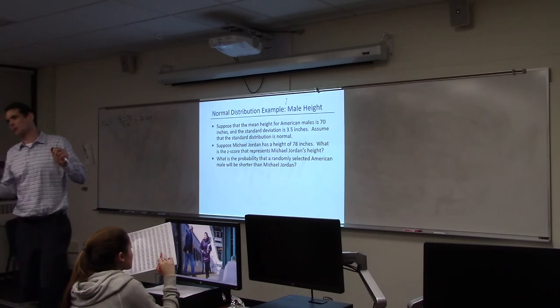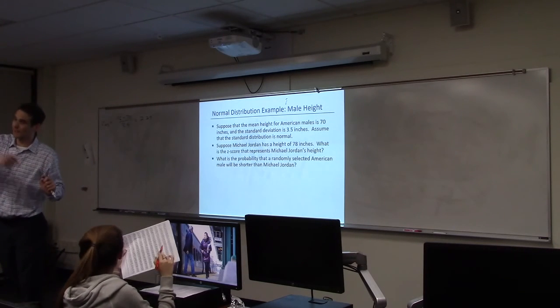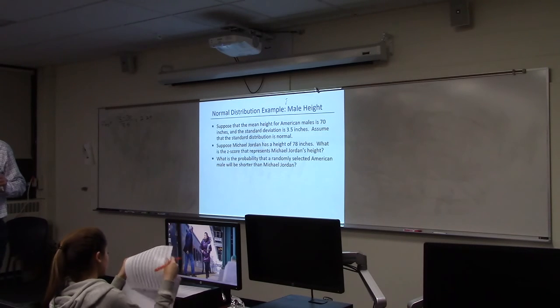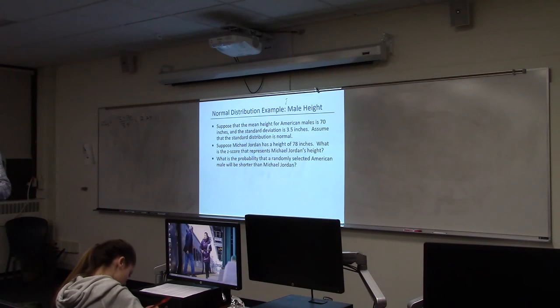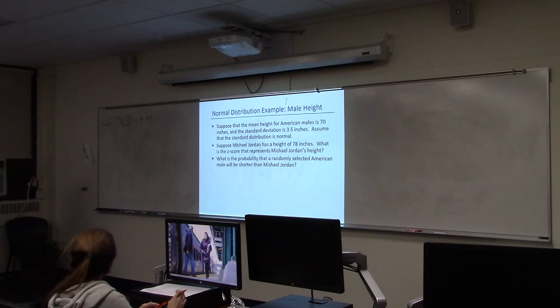So we'll say almost 0.99. So 99% of the data is less extreme than that. 99% of males have a z-score of less than 2.29. So the next male who walks by that door, the chances of that person being shorter than Michael Jordan, 99%. Chances of that male being taller than Michael Jordan, 1%.